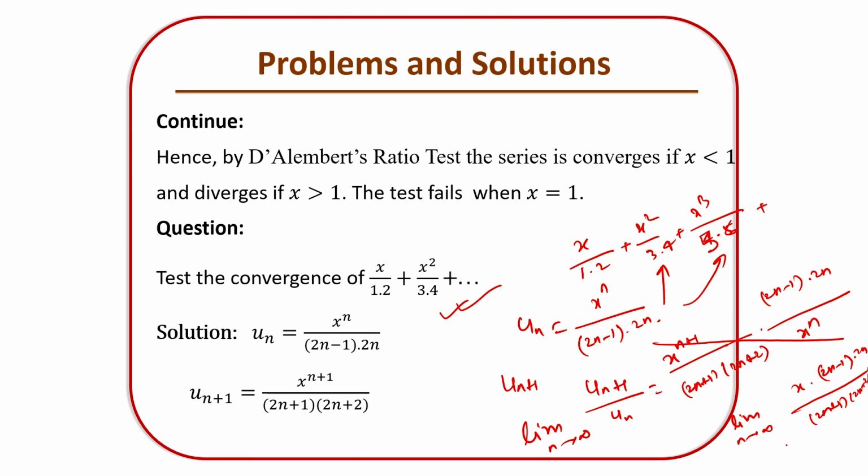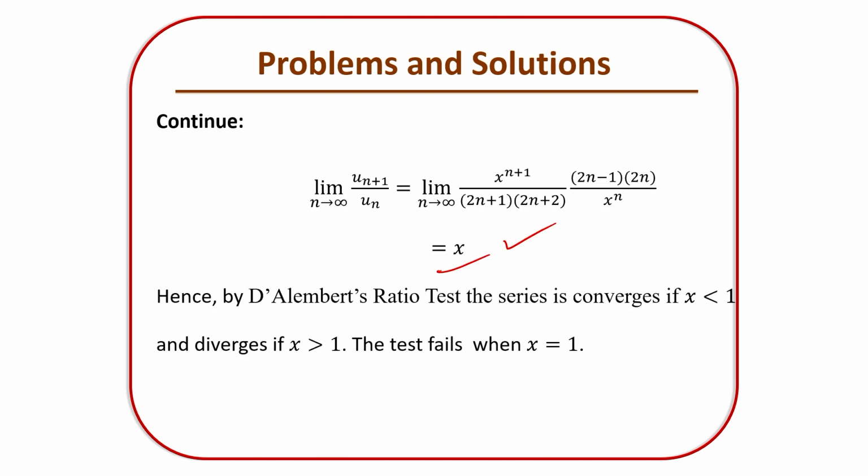So taking the limit in here, this will come out to be limit n tends to infinity x into (2 minus 1 by n) into 2 by n divided by (2 plus 2 by n) into 1, and into (2 plus 1 by n). So all these cancel out and it will come out directly to x.